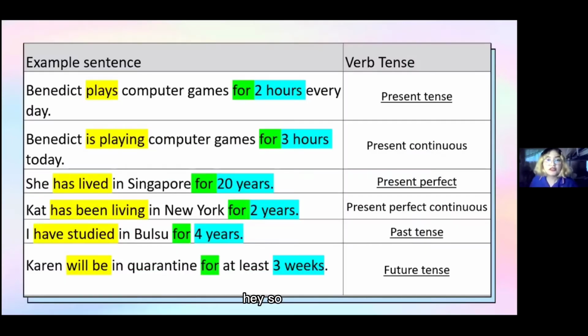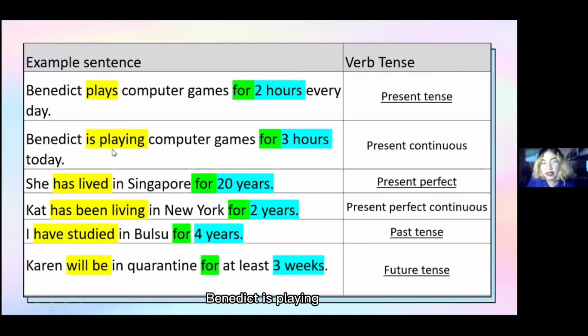Okay, so more examples. A while ago I told you that this can be used in all tenses. In the present tense, like Benedict plays computer games for 2 hours every day. Here is the present tense plays, and then the for and the period of time.